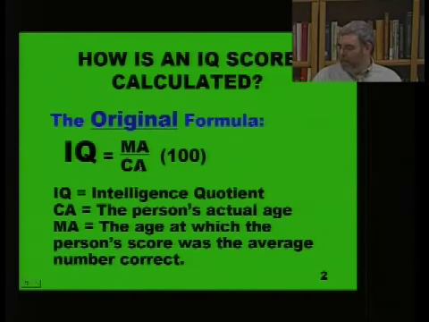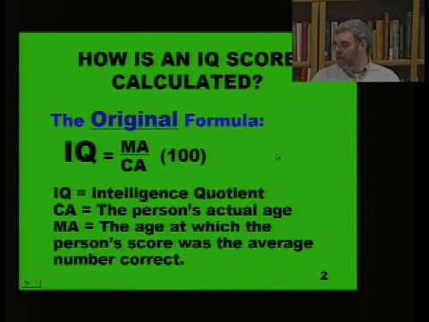MA stands for mental age. So it's your mental age divided by your chronological age times 100. This is the age at which the person's score was the average number correct. Now you understand it? Probably not. I'll explain it to you. If you do, you're pretty good.